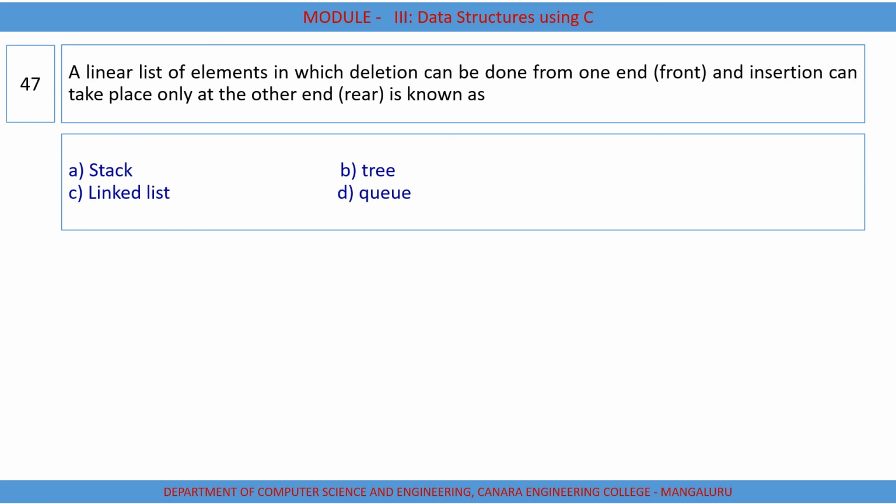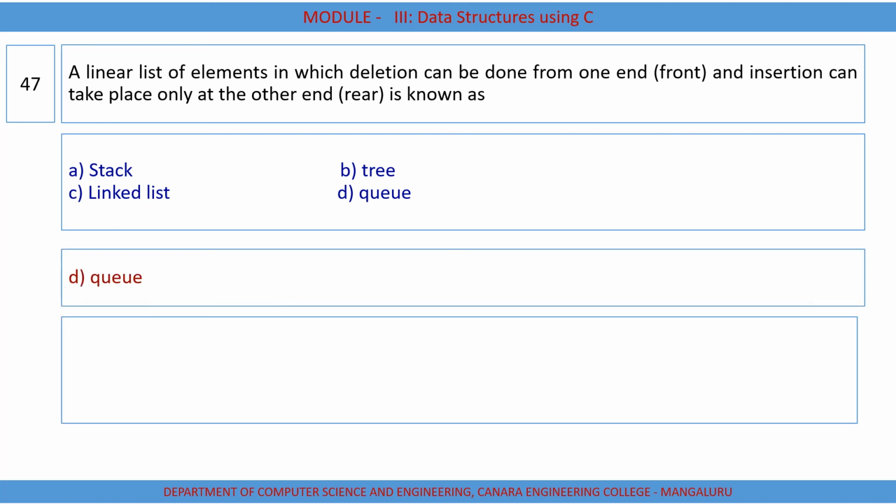A linear list of elements in which deletion can be done from one end and insertion can take place at the other end is known as: one, stack; two, tree; three, linked list; four, queue. They are asking about insertion at one end and deletion at the rear end. Which is the operation?